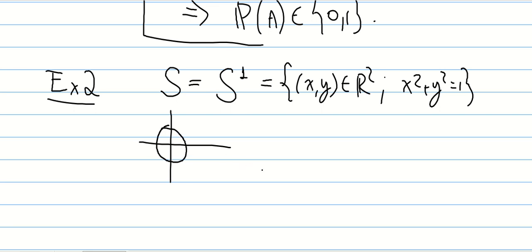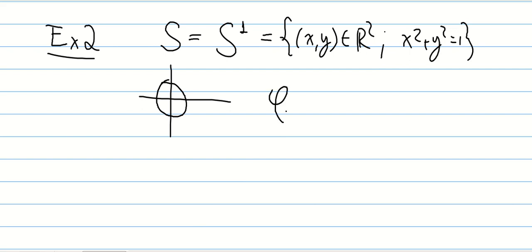and we're going to define phi, of course. Any point in the circle can be written as e to the ix, and phi is going to take e to the ix to e to the i(x plus theta).